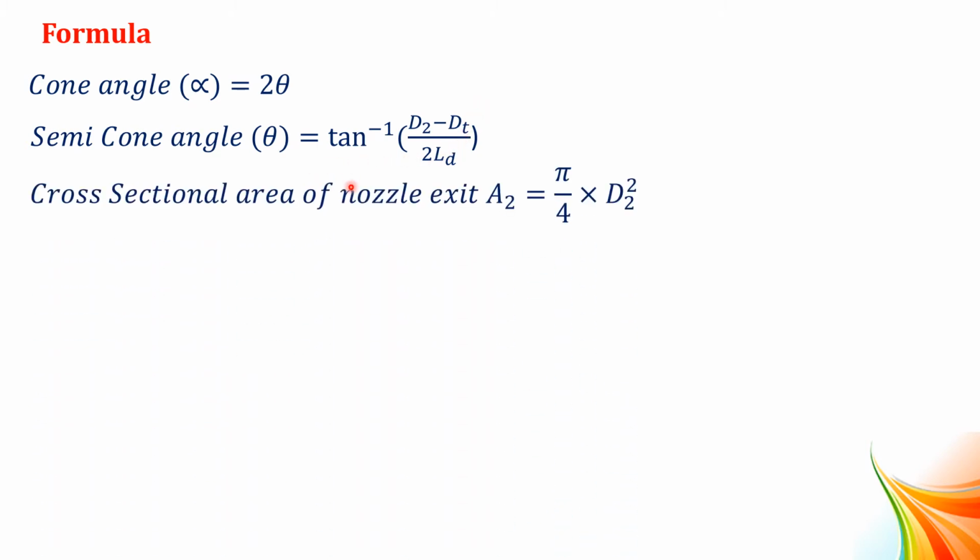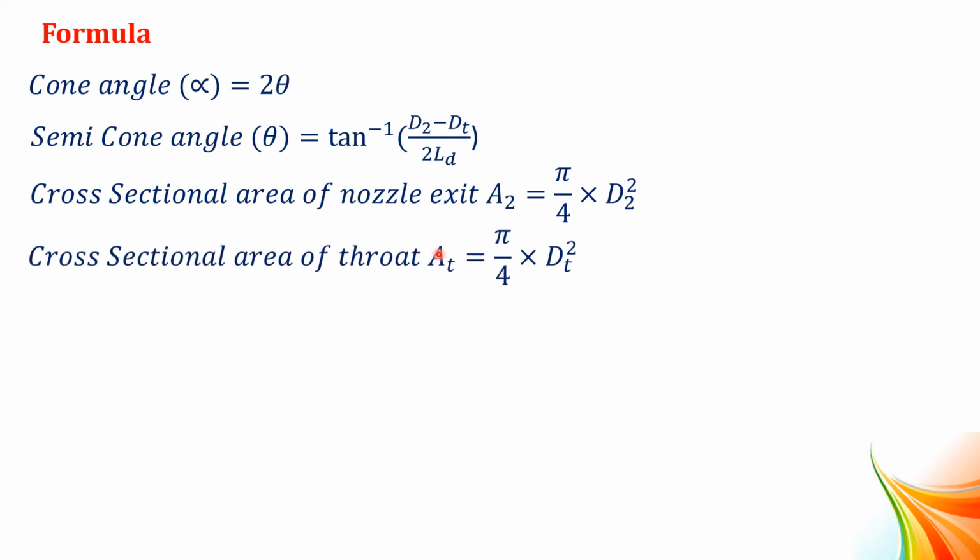For calculating the diameter d2, we can use this equation: cross-sectional area of the nozzle exit A2 equal to pi by 4 into d2 square. For calculating the diameter of throat, we have to use this equation: cross-sectional area of throat At equal to pi by 4 into dt square. So here we don't know the values of A2 and At.